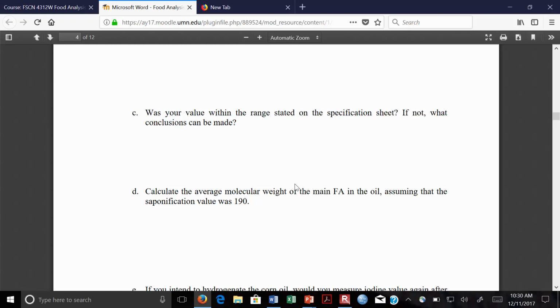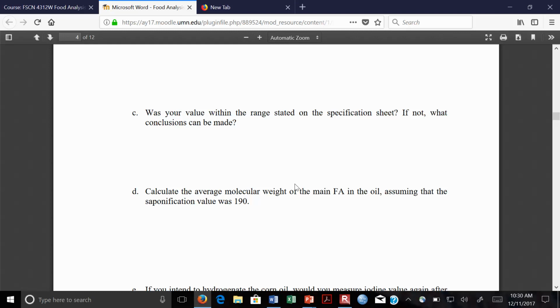So it's triglyceride plus 3KOH will give you glycerol plus 3 fatty acids. That's the first equation you want to remember. And also there is this equation, triglycerides plus 3H2O will give you 3 fatty acids plus glycerol.